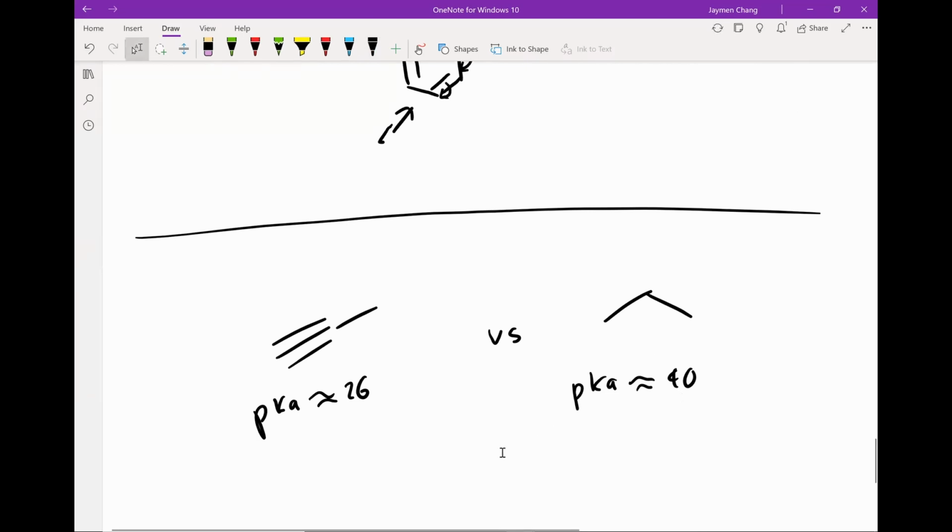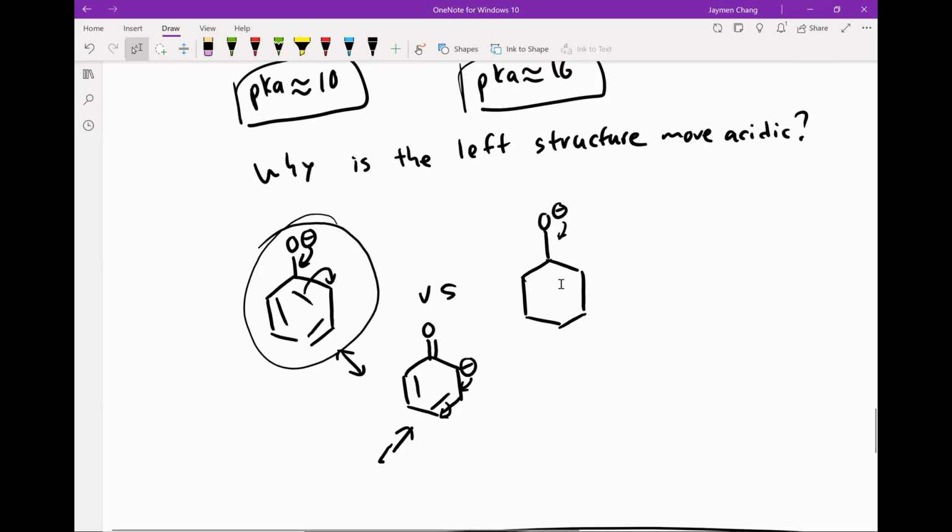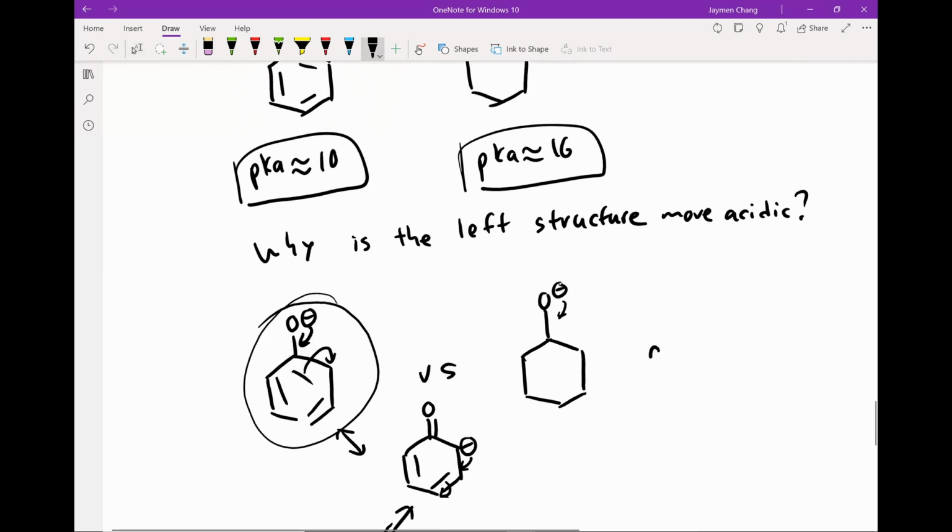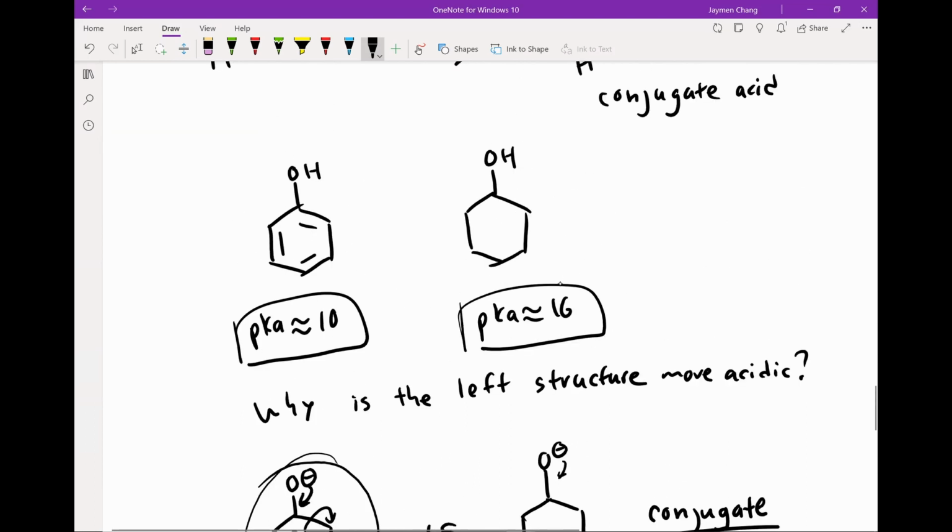Isn't the more unstable one the stronger acid? Yes, exactly. Remember what we're looking at here: these are the conjugates. So the conjugate base is more stable, which means the acid is stronger.